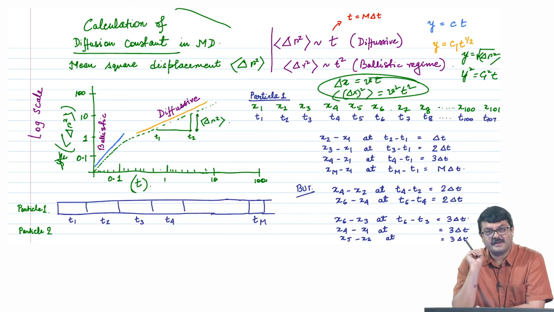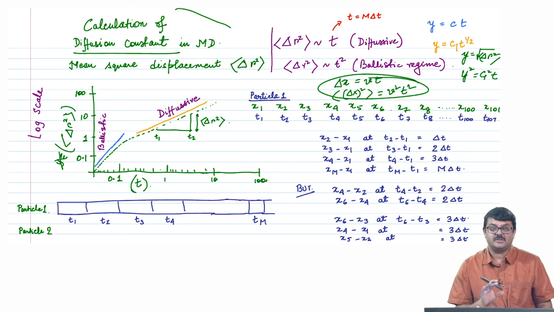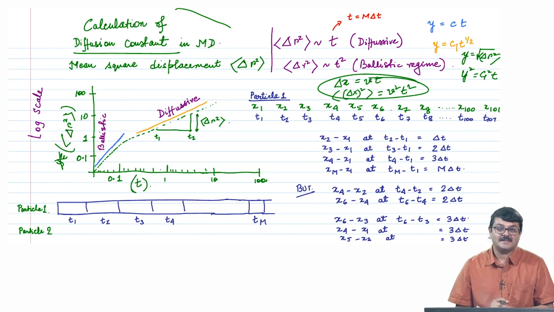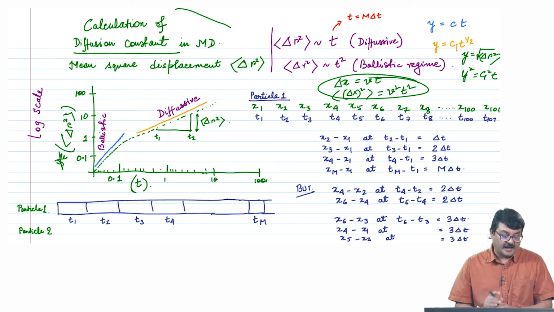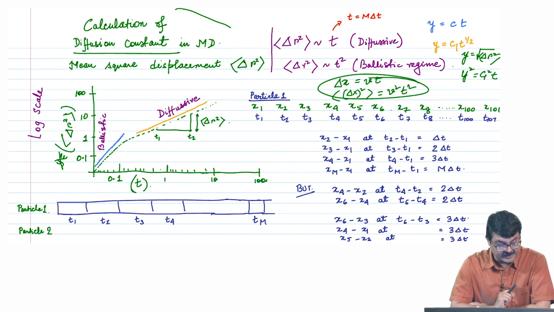Okay, so, all that is great, but what you actually have is basically the position of particles at different times, right. And how do you calculate the mean square displacement average?